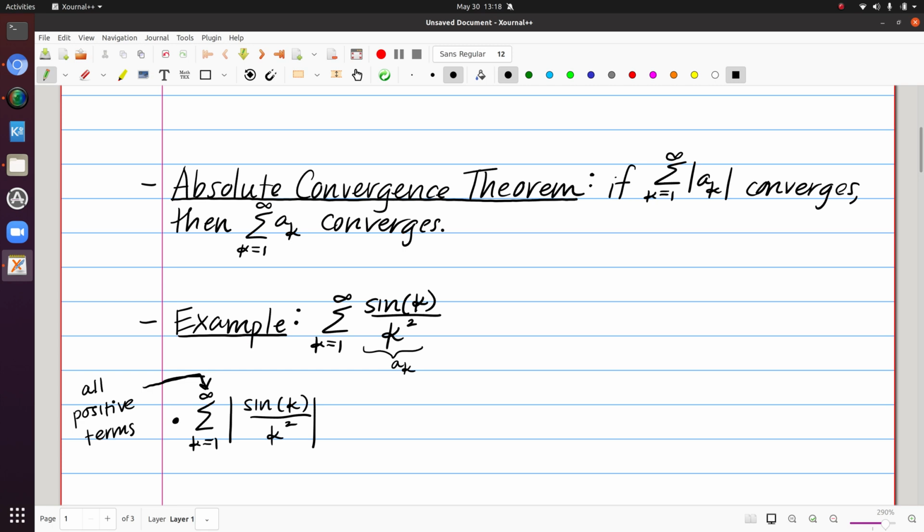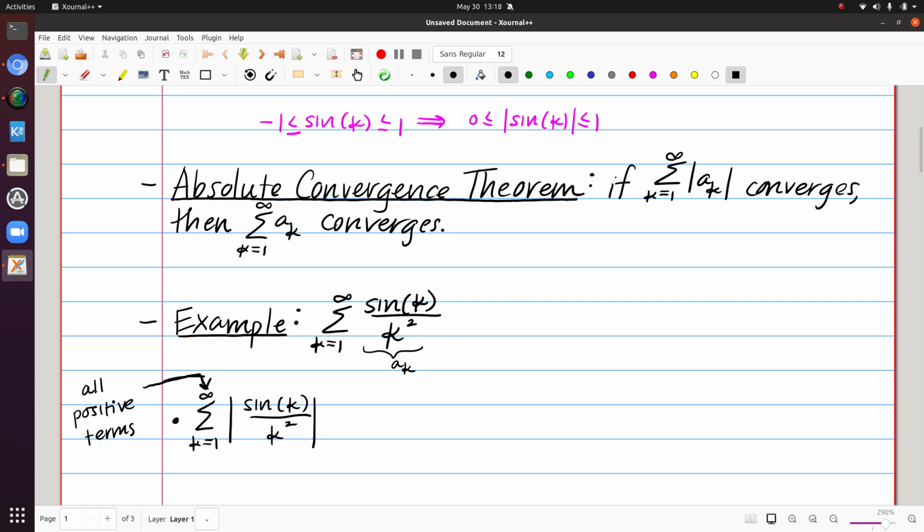In particular, we can try to use the comparison test here. What I'm going to keep in mind is that we know that sine of k is between -1 and 1. If I take the absolute value of sine of k, consequently that lies between 0 and 1.